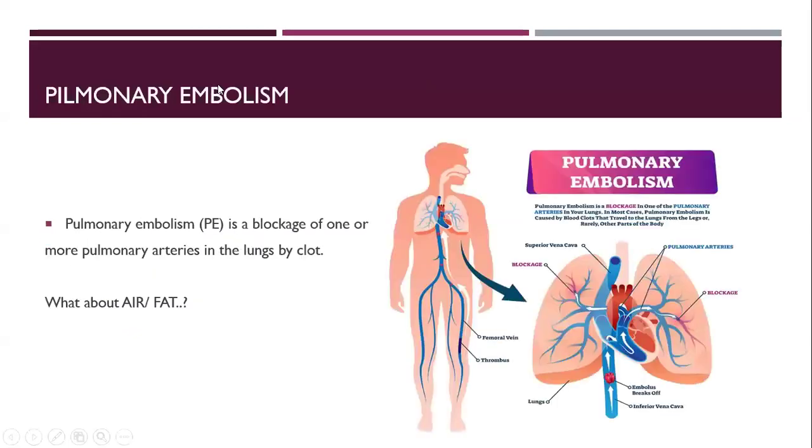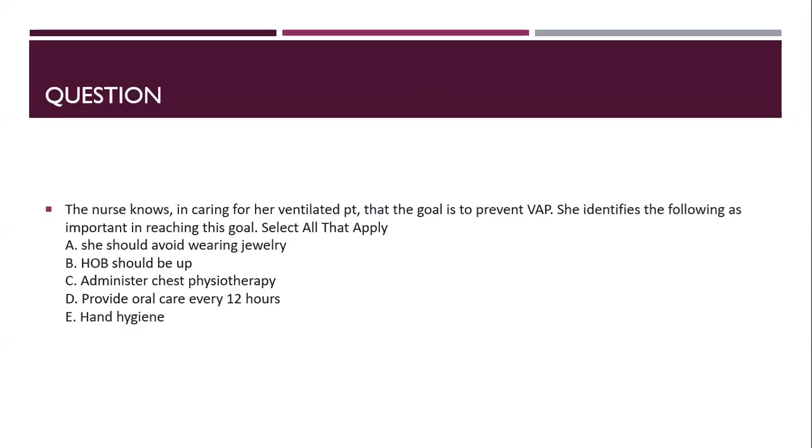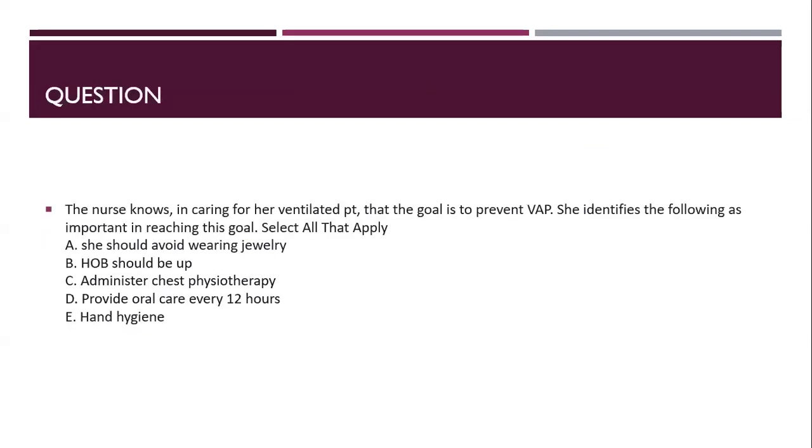The next topic is pulmonary embolism, so we will treat that next week Friday. But please check the question very well on my last screen. C is not part of the question. The question asks which of them you should do to prevent VAP.